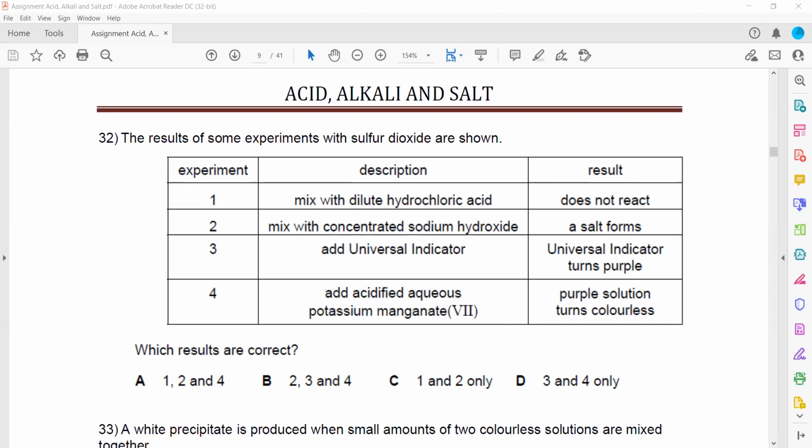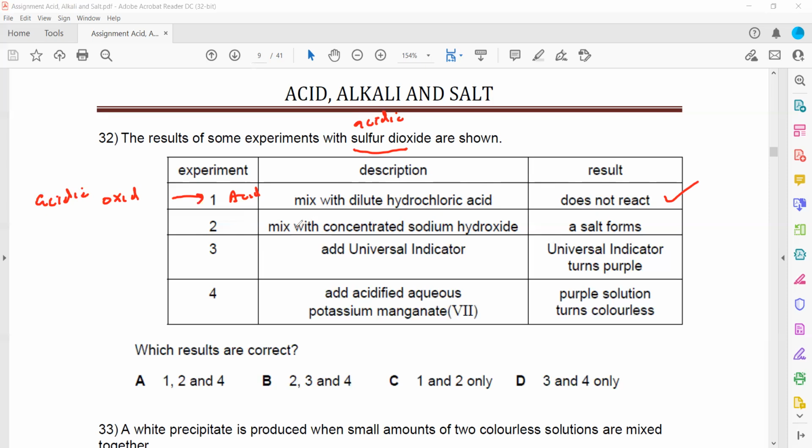So when we check the options, sulfur dioxide, which is an acidic oxide, is mixed with hydrochloric acid. If we add hydrochloric acid, it does not react. That is true because if an acidic oxide is mixed with acid, there will be no reaction. So one is correct.